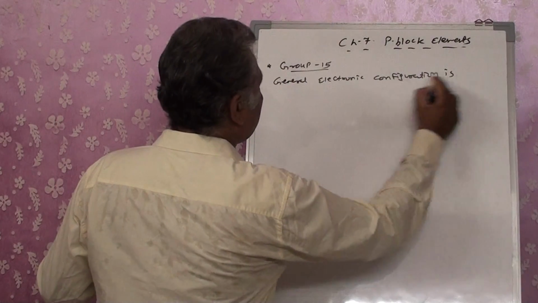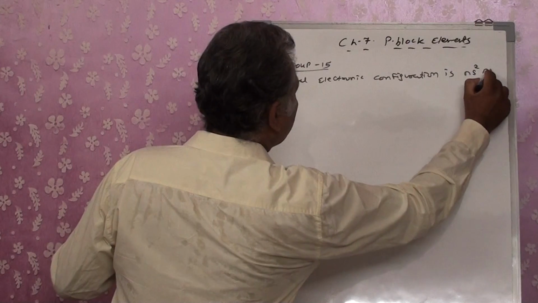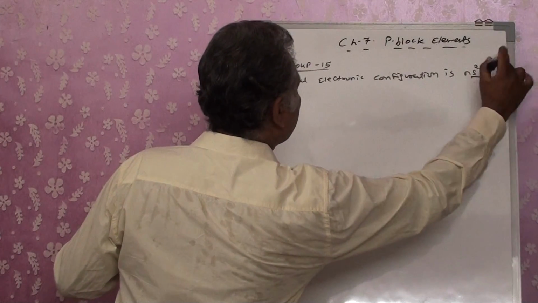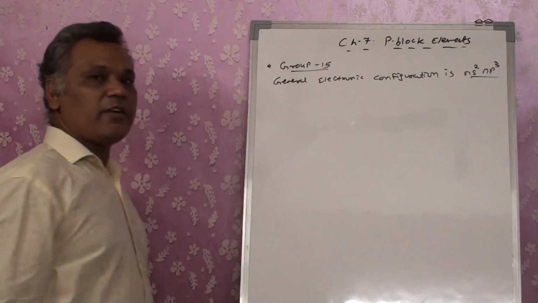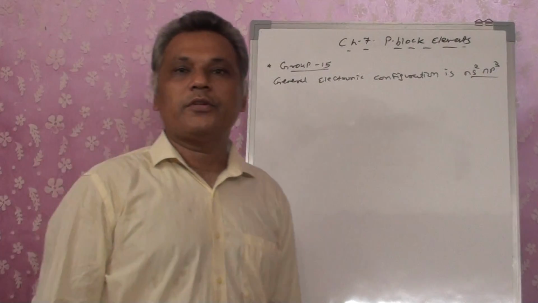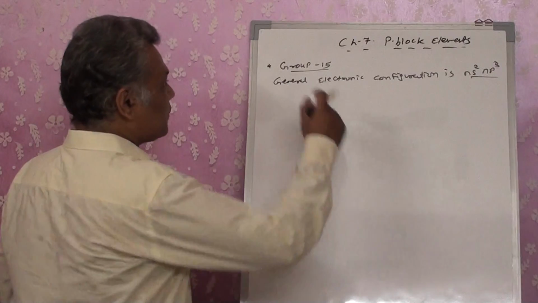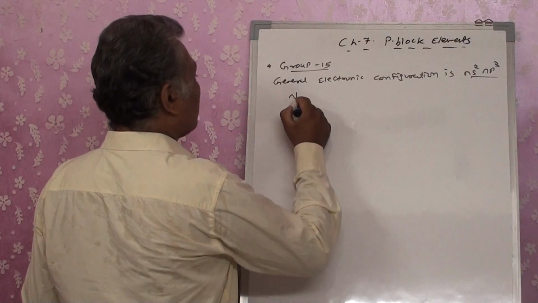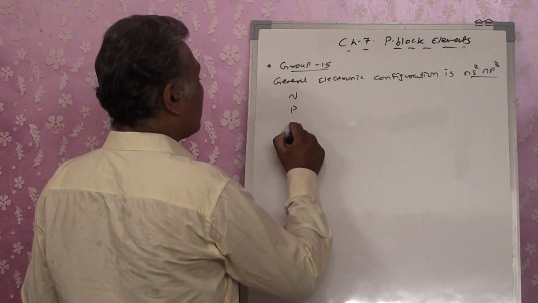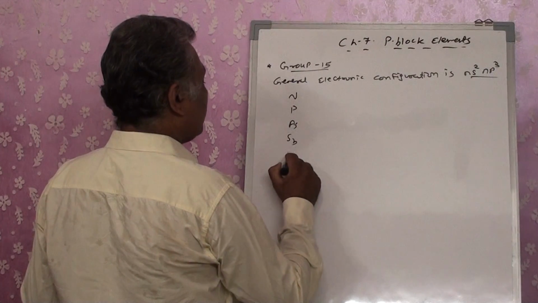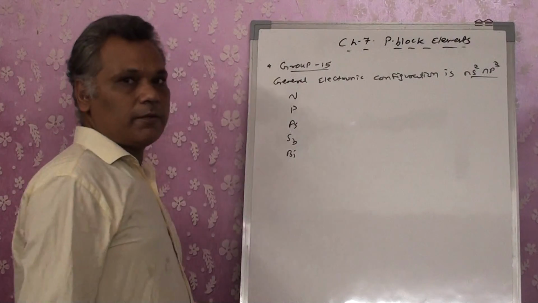Is ns2 np3. That means first and second we have eliminated. We are going to start with the third, ns2 np3. This particular group consists of nitrogen, phosphorus, arsenic, antimony and bismuth.